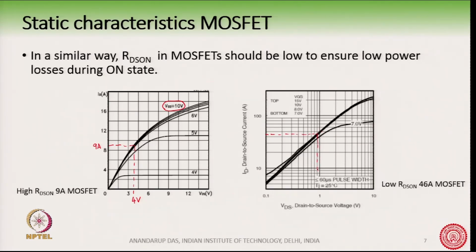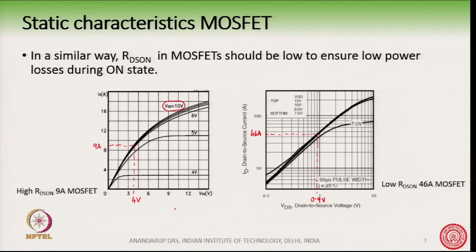So, this is where the VDS is, which is about 0.9 volt. Okay. So, clearly you can see that the MOSFET having these right hand side characteristics is having 0.9 volt only, as compared to about 4 volt for the left hand side MOSFET characteristic.